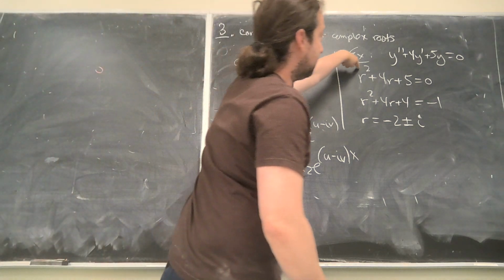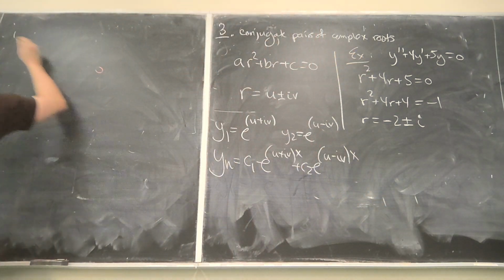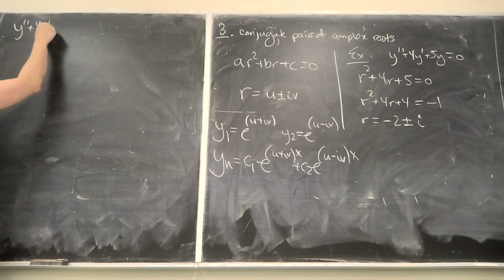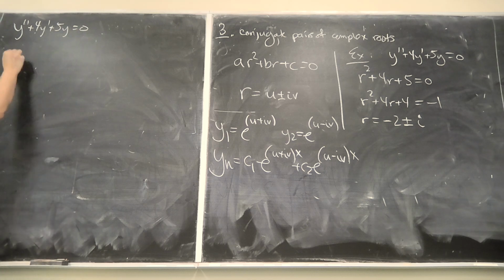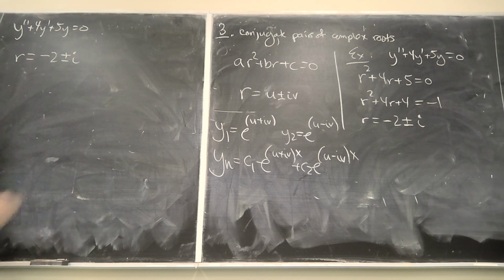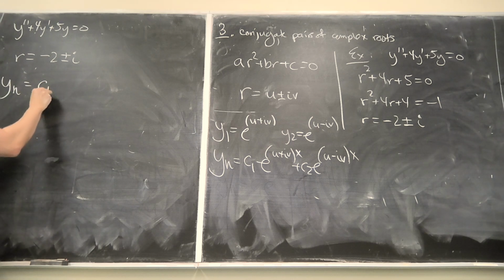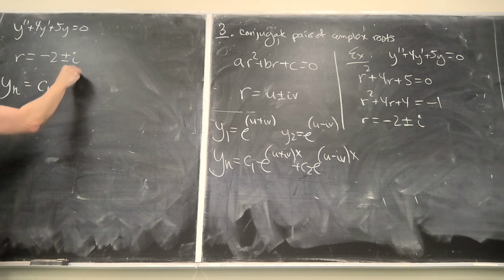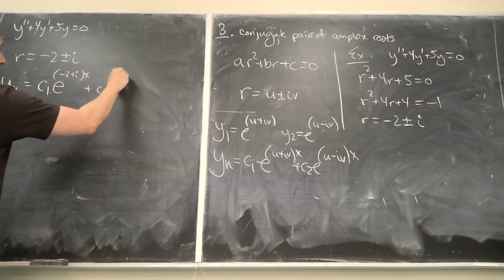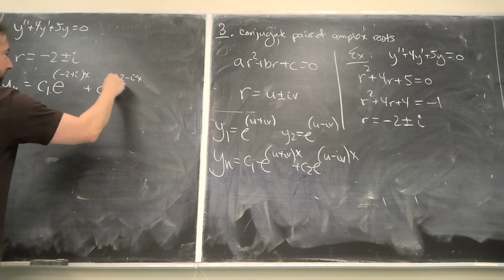So for this particular equation here, y'' plus 4y' plus 5y is 0, and you figured out that r is equal to minus 2 plus or minus I. From knowing how the exponential functions work, we can see that the homogeneous solution should be C1 e to the (minus 2 plus I)x plus C2 e to the (minus 2 minus I)x.